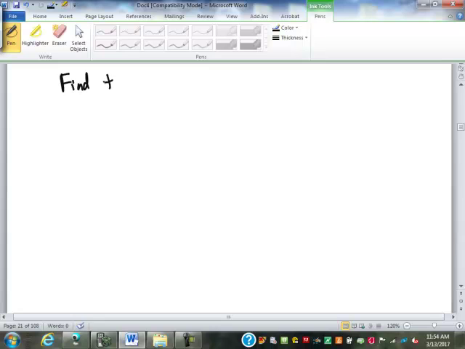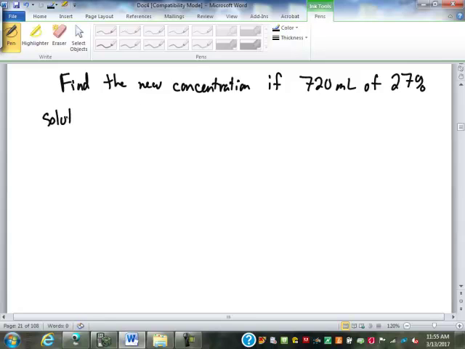Find the new concentration if 720 milliliters of 27% solution are diluted with 360 milliliters of saline.